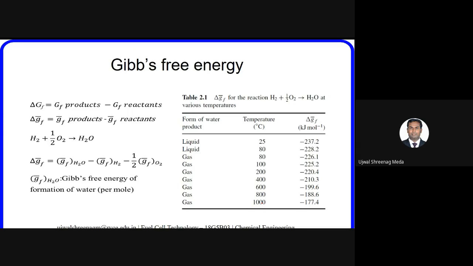So if we take the overall reaction of a conventional hydrogen oxygen fuel cell, so in such a conventional fuel cell, what is the reaction that is taking place at anode? The hydrogen fuel gets oxidized, gets split into protons and electrons. That is the reaction that happens on anode.